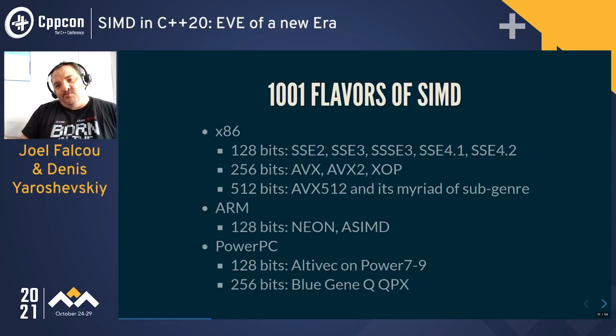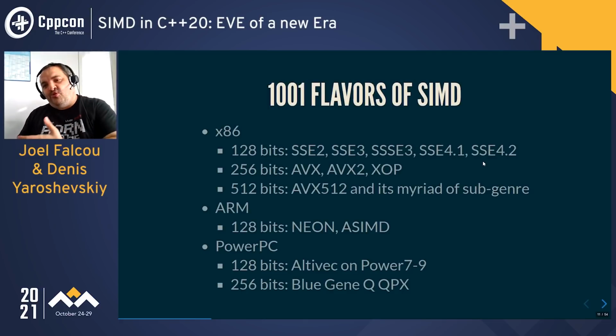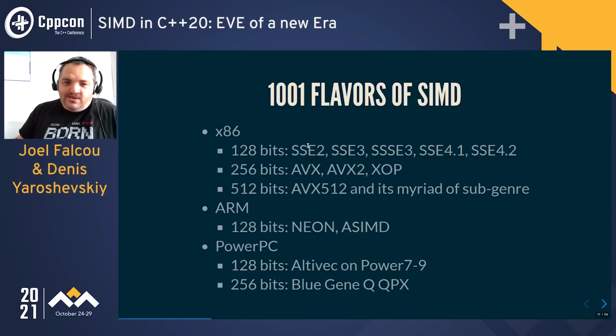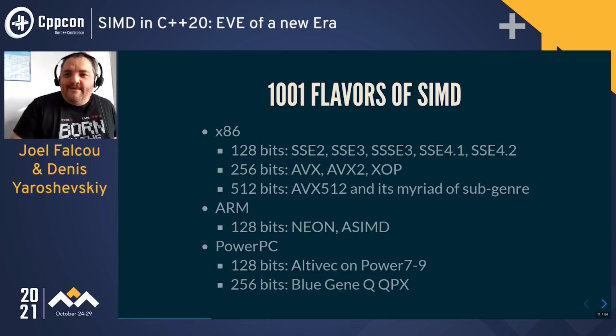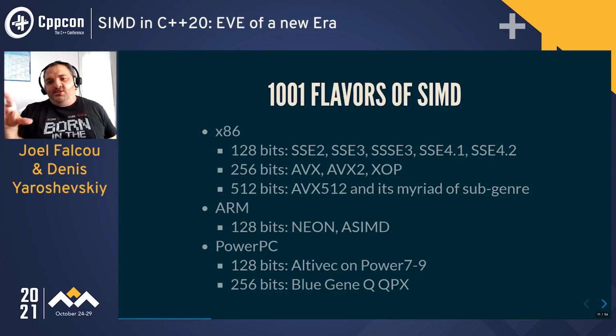And up to a certain point, they are all backward compatible. So if you have a machine with SSE4, you can use whatever comes before. Same for AVX. It gets trickier with AVX 512 because the layout of the instruction set doesn't make sense, but that's another story. So if we focus on x86, we already have a lot of things to consider and to choose from, and we will see that it's not that trivial.